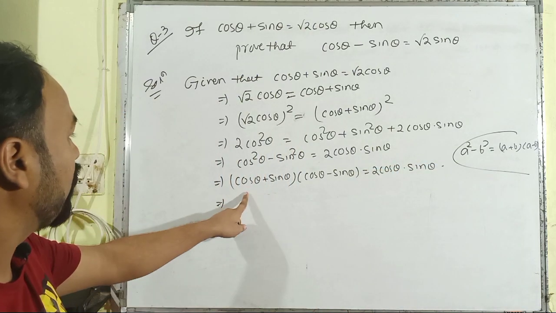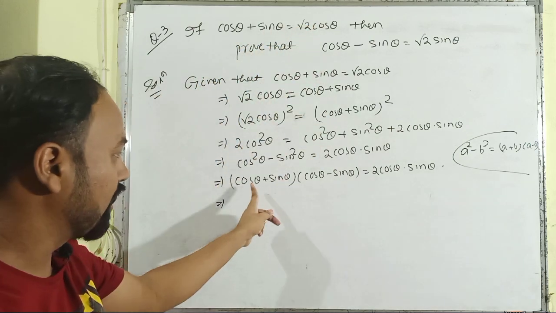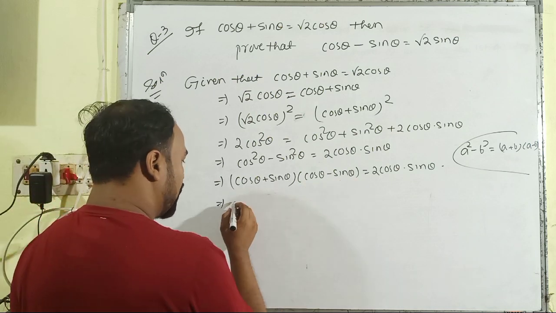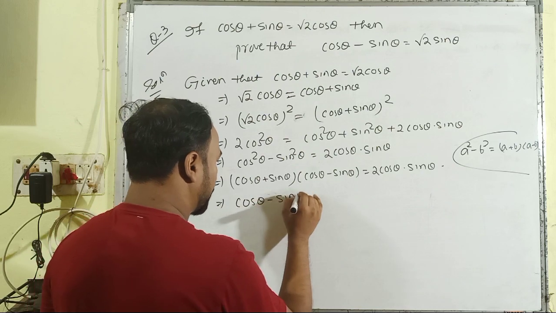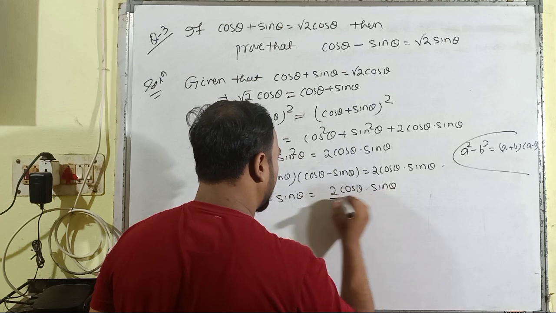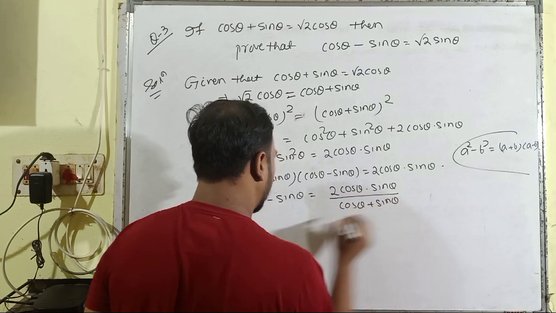As we know that the value of cos theta plus sin theta is given in the given condition, we can shift this term towards the right hand side, because we need the value of the difference of cos theta and sin theta. Cos theta minus sin theta is 2 cos theta into sin theta divided by cos theta plus sin theta.